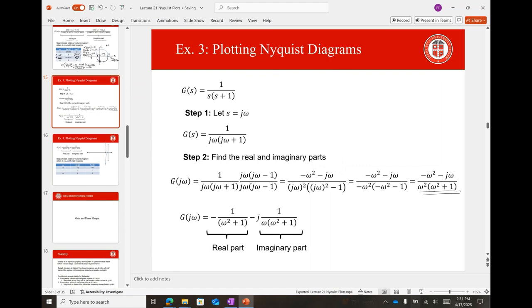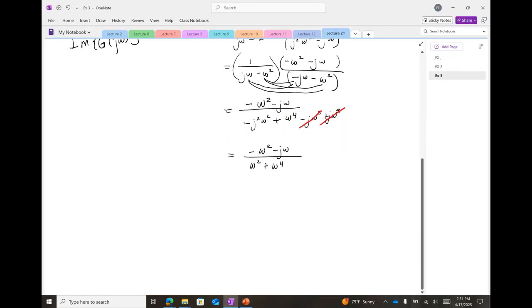Right, so this is what we should get here. Okay, so our real part is this guy, minus omega squared divided by omega squared plus omega to the 4th. And we can simplify this.